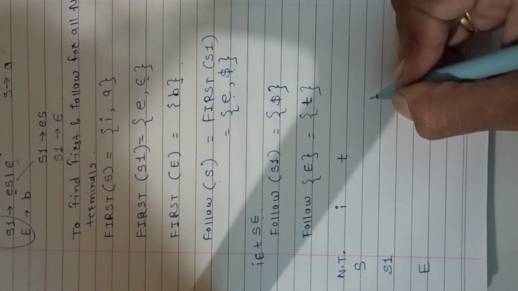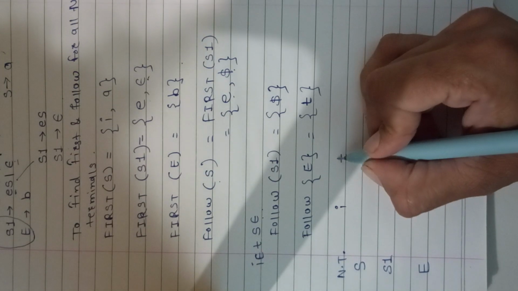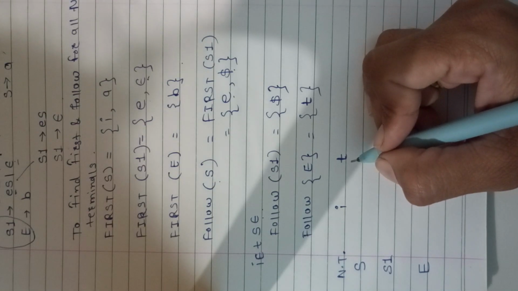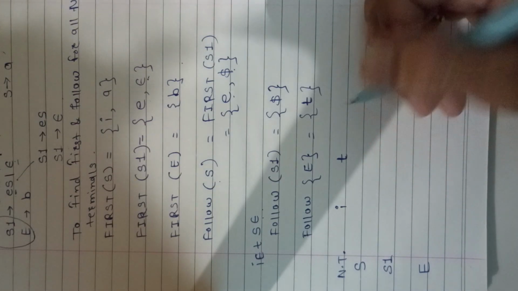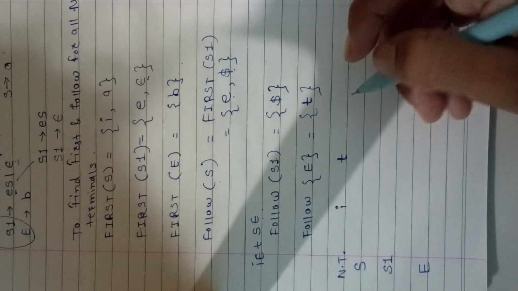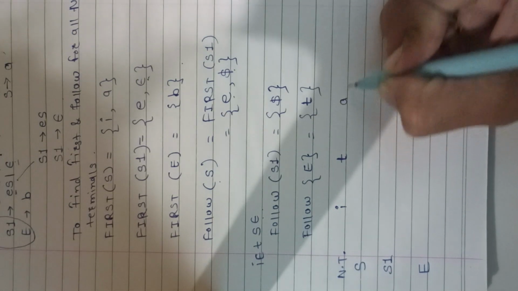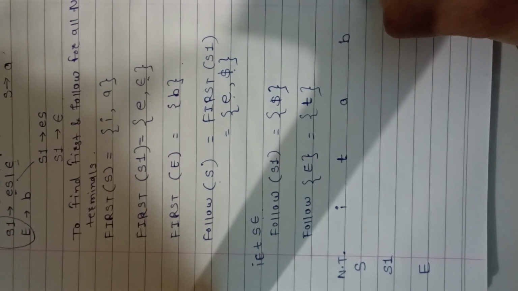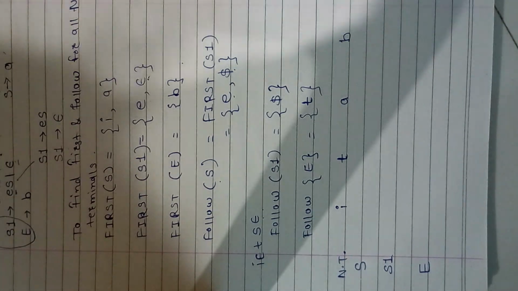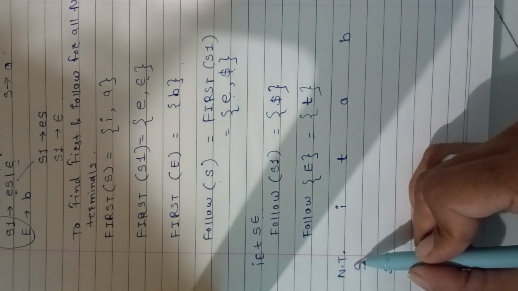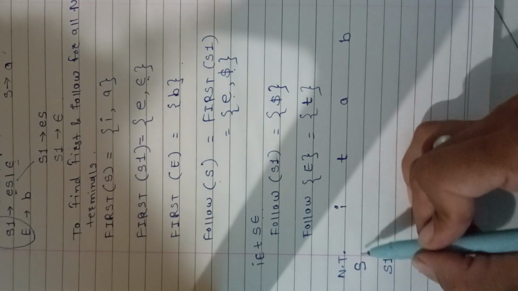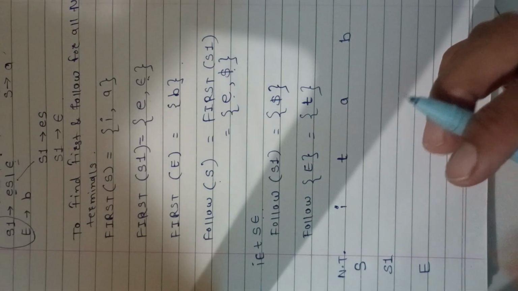Small letters are the terminals, which belong to our string. Then a, then b, and the last one is dollar. Right. Then how do we construct this parsing table?